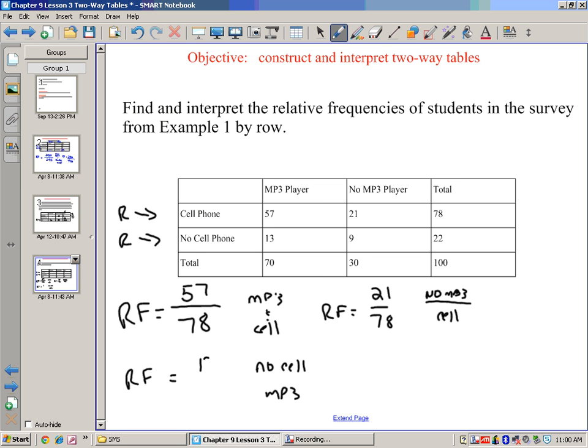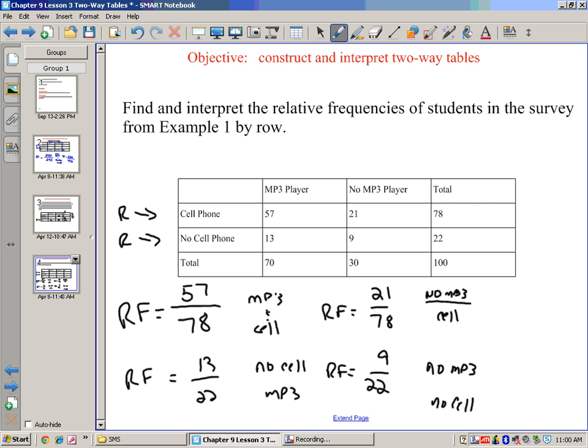And it's 13 out of, and then you go to their total, which was 22. So 13 out of 22 students have no cell phone, but an MP3 player. And the last box we're going to look at, no MP3 and no cell. The relative frequency of that would be 9 over 22.